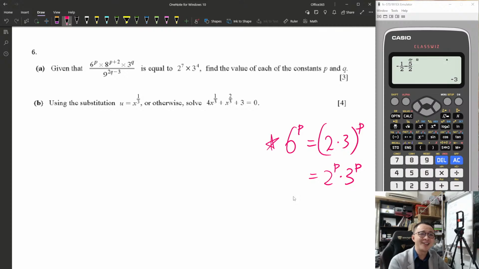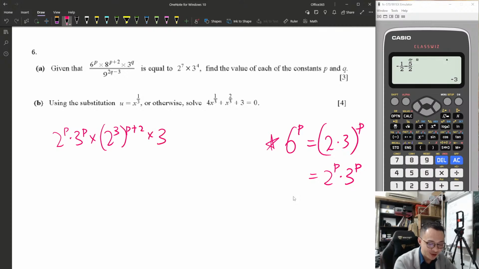If you get the idea for this tip, then the whole 3 marks is a bonus mark for most students. So this one is 2 power of p multiply 3 power of p multiply 8, which is 2 power of 3, multiply 3 power of q over 3 power of 2, and then 2q minus 3.